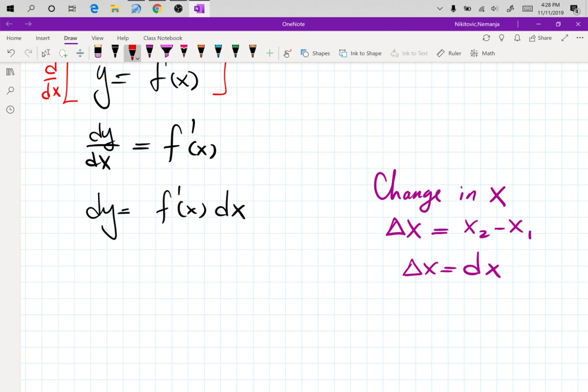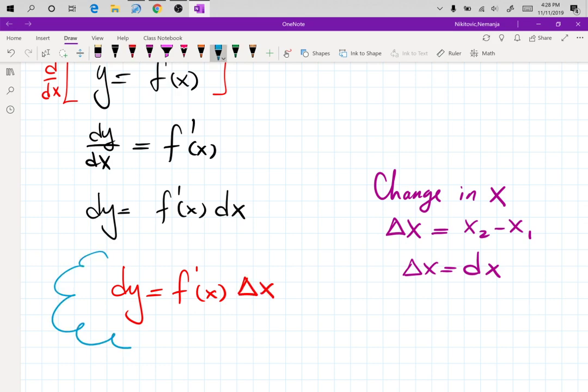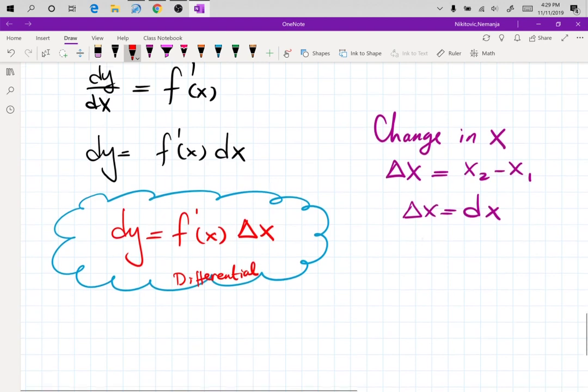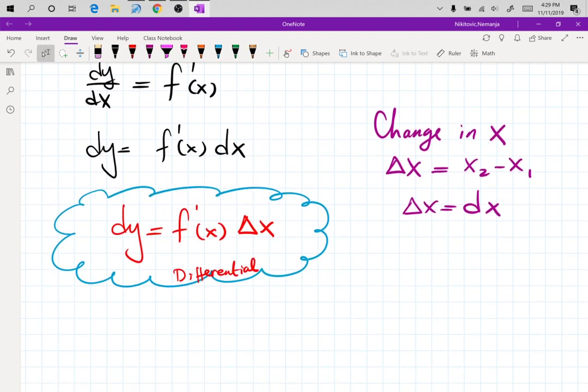And that gives us the formula dy is equal to f prime of x delta x. And that's the one that goes on a cloud. We call this formula differential. Now you would say, well, is that dy the change in y?